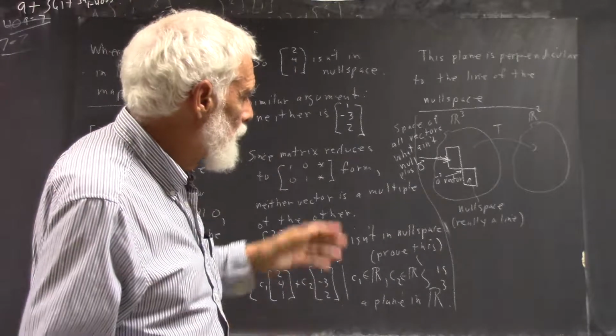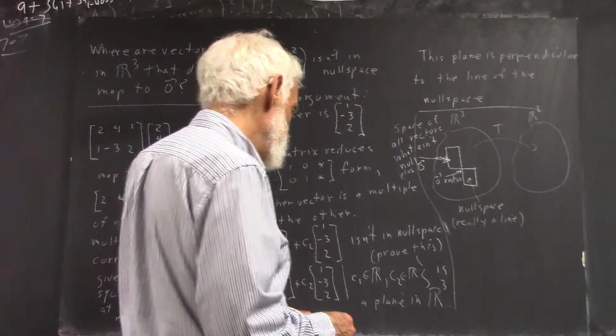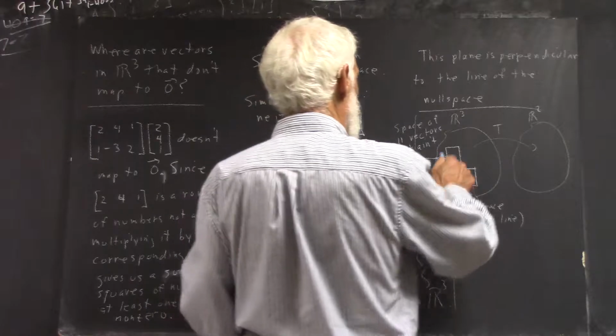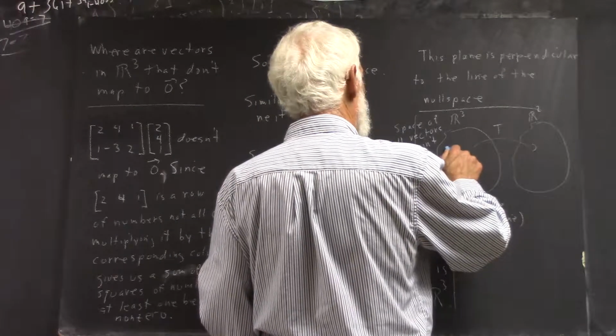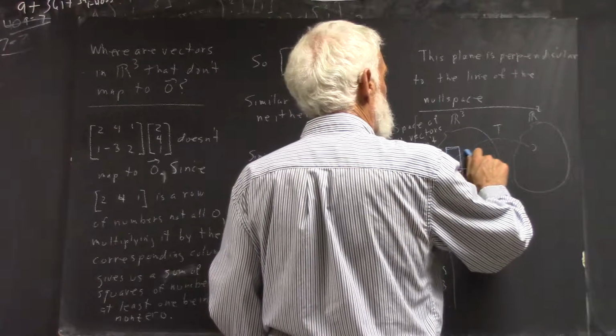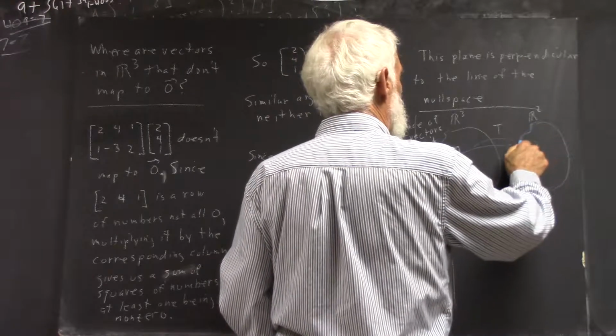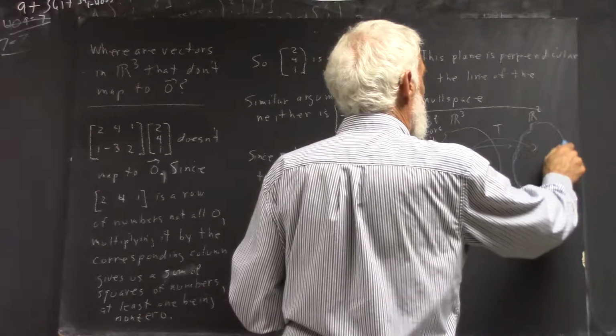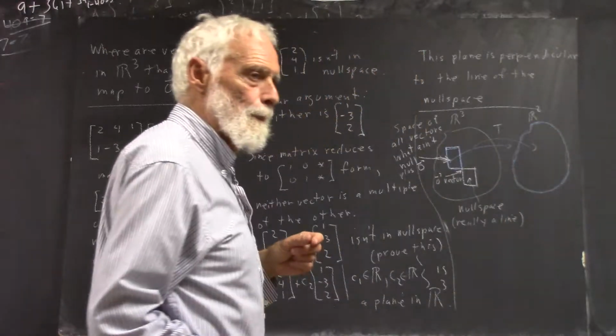Okay, so in this transformation, this space here maps to all of R2.